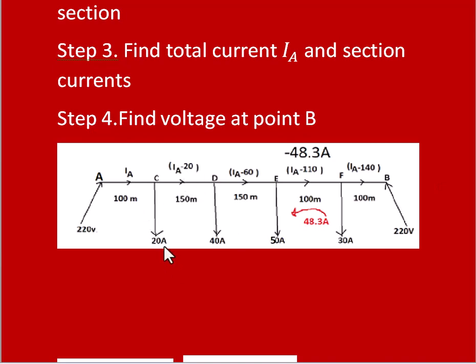IA minus 20 is nothing but this section current. Similarly, by subtracting this from this, we get this current here. Similarly here, this current we get by subtracting this current from this. Similarly, this current we get by subtracting this current from this.